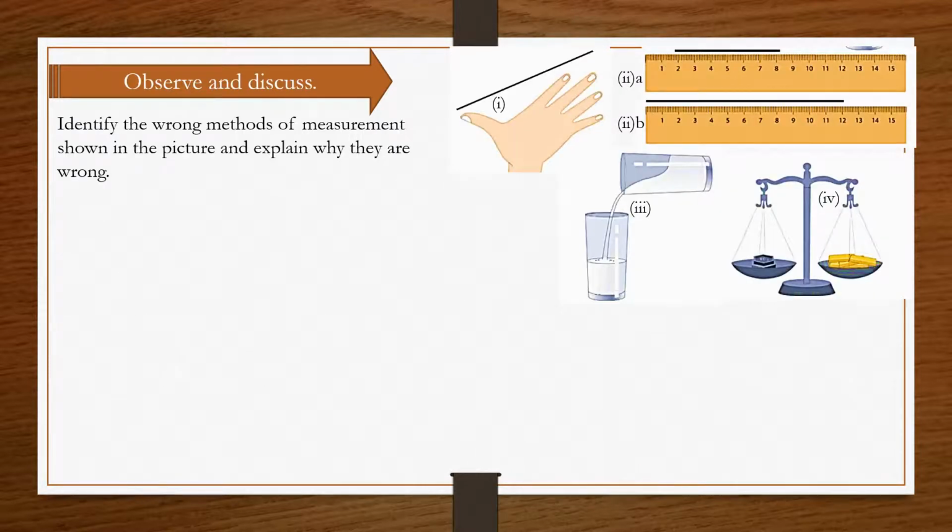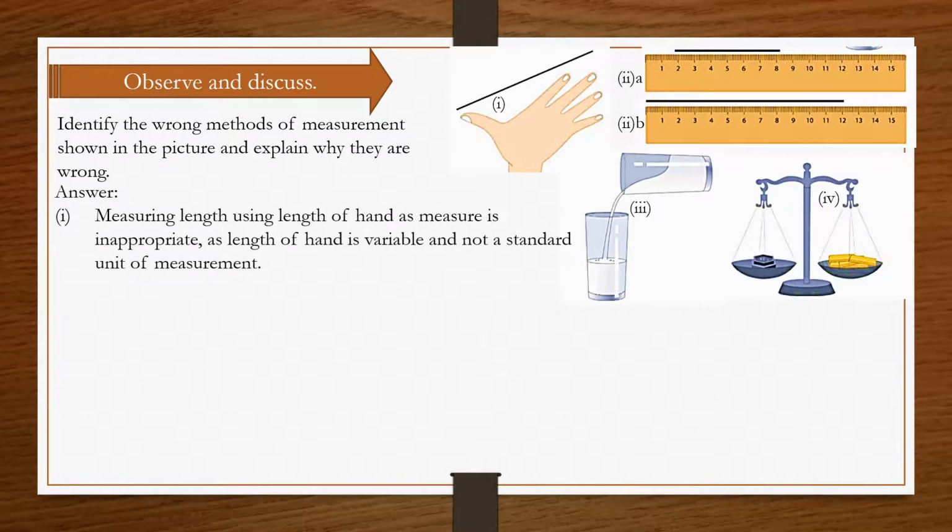Now students, observe and discuss and identify the wrong methods of measurement shown in the picture and explain why they are wrong. In picture 1, measuring length using the length of a hand is inappropriate, because the length of a hand is variable and not a standard unit of measurement.